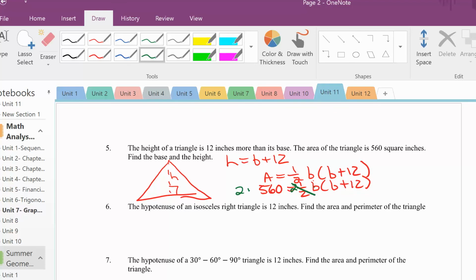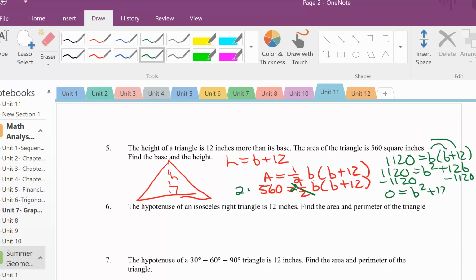So we get 1,120 is equal to b times b plus 12. So you distribute, and you get b squared plus 12b. Then you move the 1,120 over. So you get b squared plus 12b minus 1,120. So when you factor, the factors of 1,120 that add to 12 are 40 and negative 28.